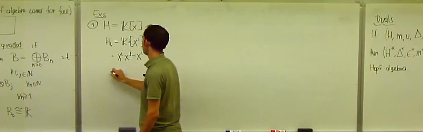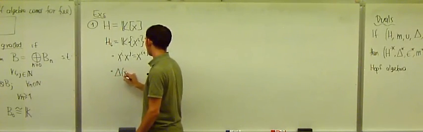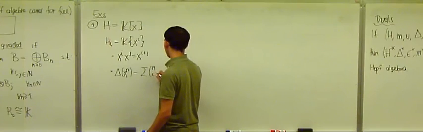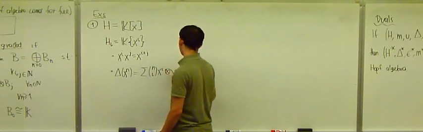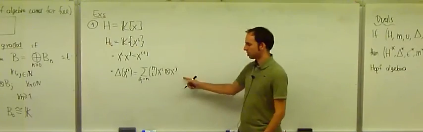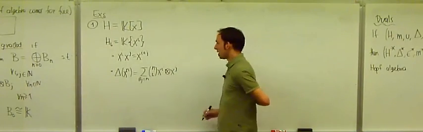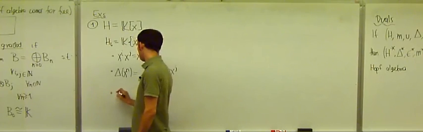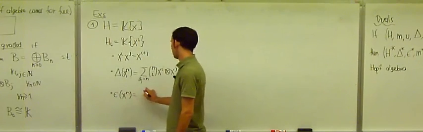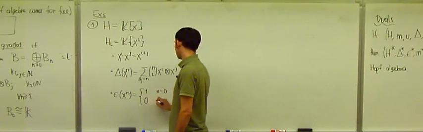Second condition, the coproduct of x to the n. We saw that this is equal to the sum of n choose i, x to the i tensor x to the j, where i plus j is equal to n. And so this lives here as it's supposed to. And finally, we also know that the counit of x to the n is 1 if n is equal to 0 and 0 otherwise.